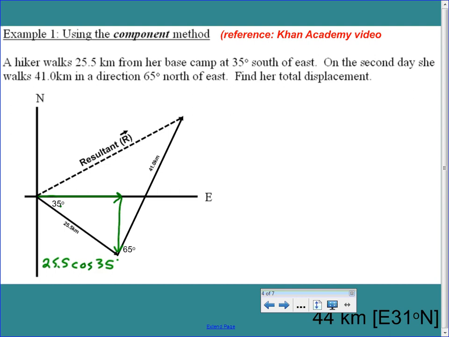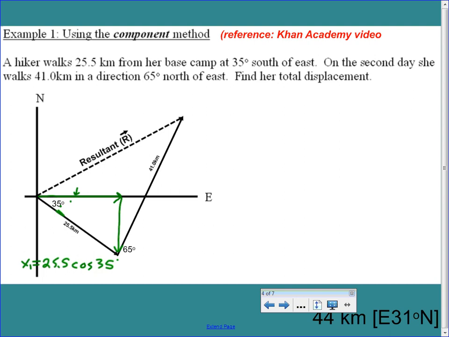Because this angle here, 35 degrees, the horizontal component right here is the adjacent side to that angle, to which the main vector is the hypotenuse. So adjacent over hypotenuse allows us to solve to get this value, 25.5 cos 35. So our x value for that vector is 25.5 cos 35.